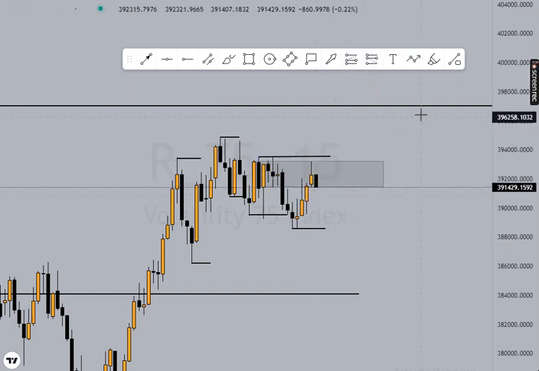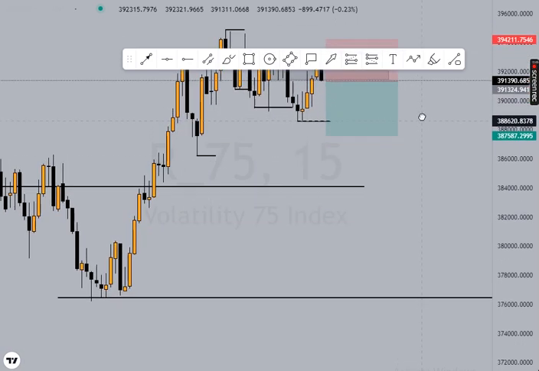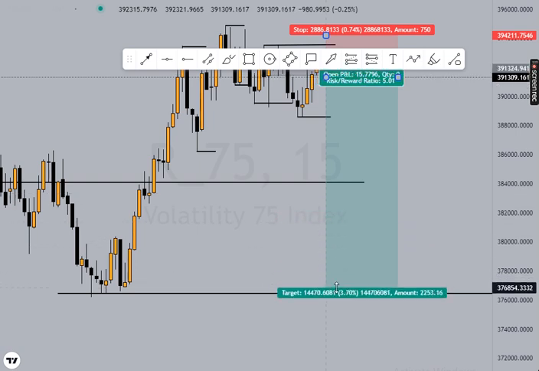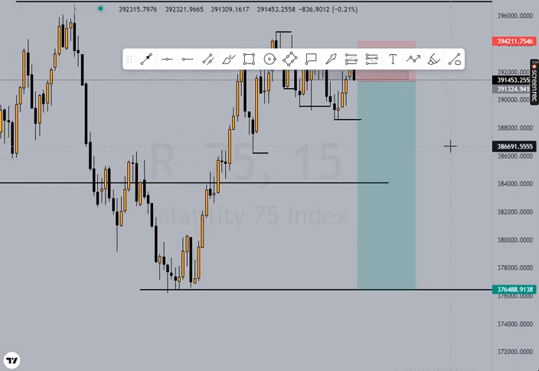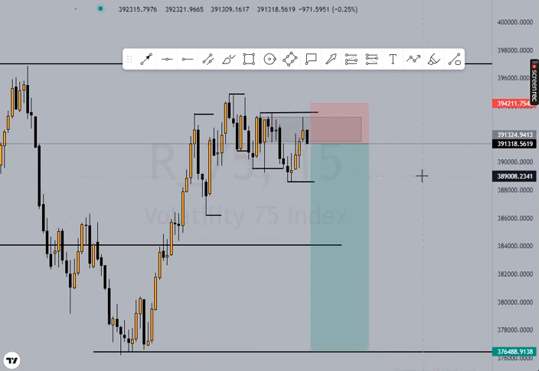But if this candle closes bearish, then we have our sell position there. Our stop loss will be somewhere above there. Then our TPs can go as low as this, because the 4-hour time frame is bearish, and this is what we are looking at.